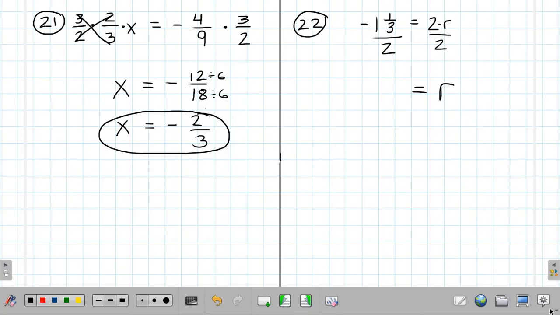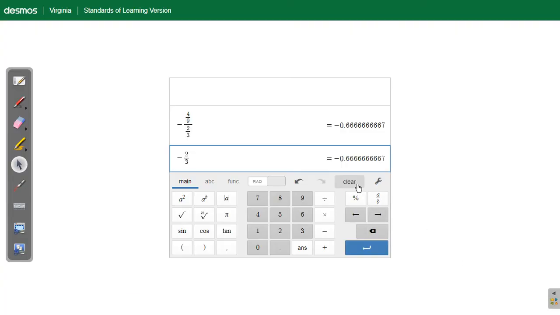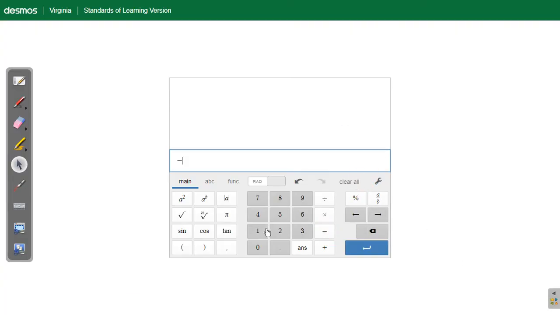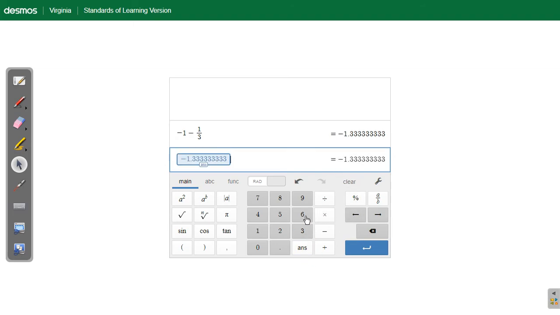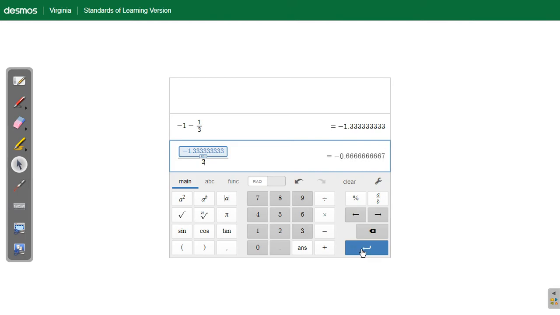So one of the things we can do is go to our calculator and say, okay, well, we need negative 1, but then once again, since it's a negative, the 1/3 has to be negative, minus 1/3. And we get that that's the answer right there, but then we want that divided by 2.